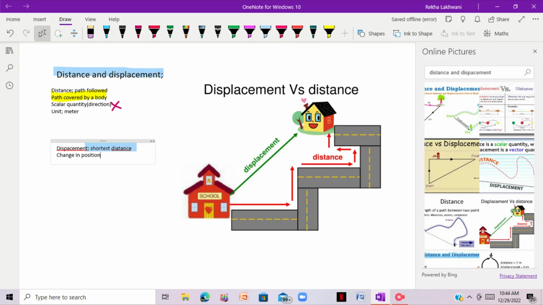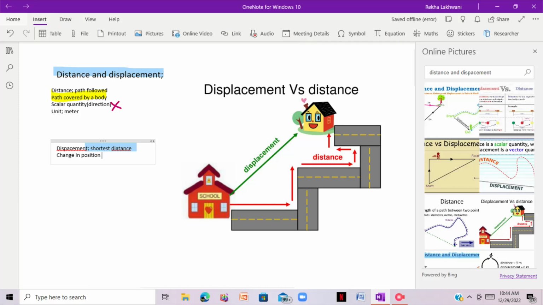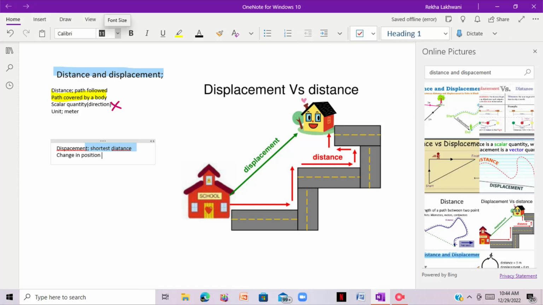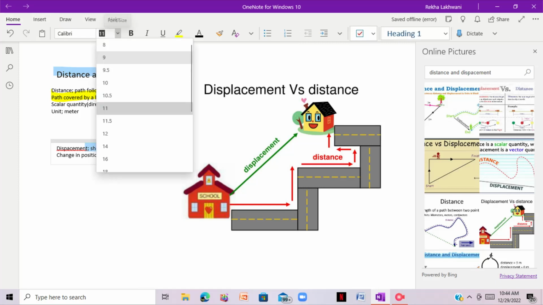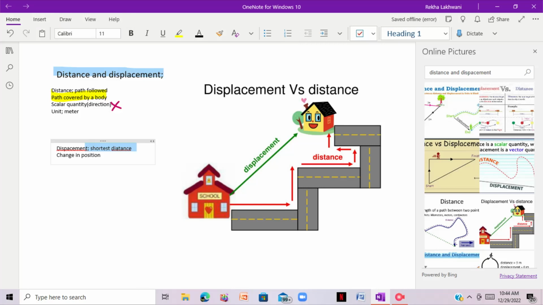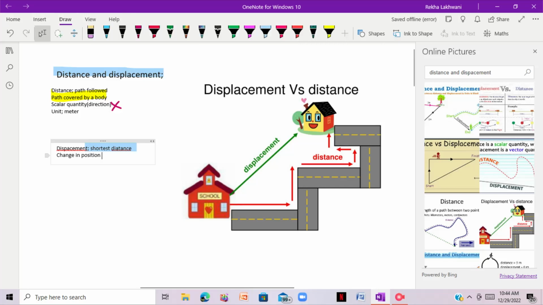Now, for example, I'm a kid going from my school to my home. There are two ways. Obviously, I'll go by road. I'll go from here, then here, and finally I'll reach my home. This is one path by which I can get home.